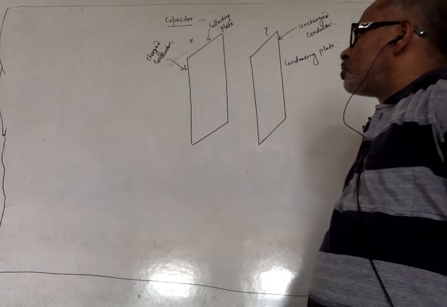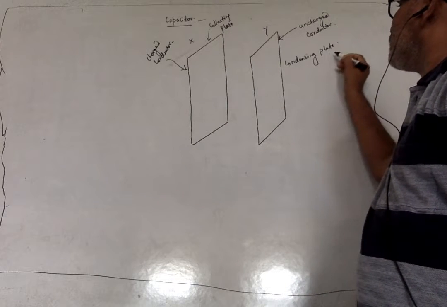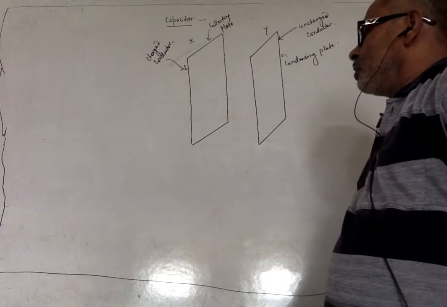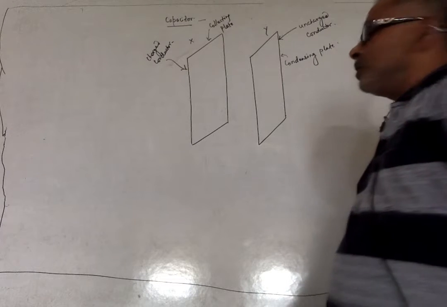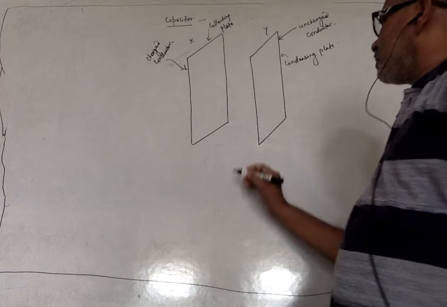It consists of two plates. One is the collecting plate and another is the condensing plate. The name of a capacitor depends upon the medium between the plates.